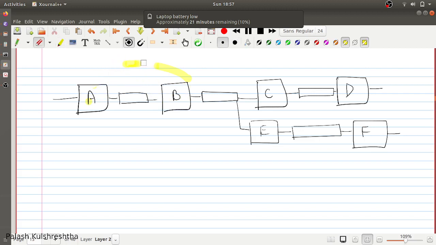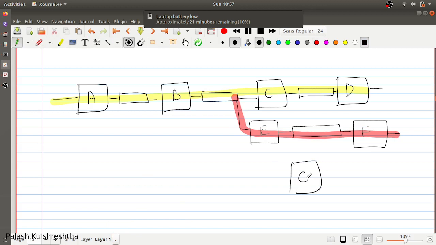What I mean by that is, there can be two pipelines, for example, this pipeline and this pipeline. So B is doing a work, or there can be another pipeline like G, which is doing work like this.